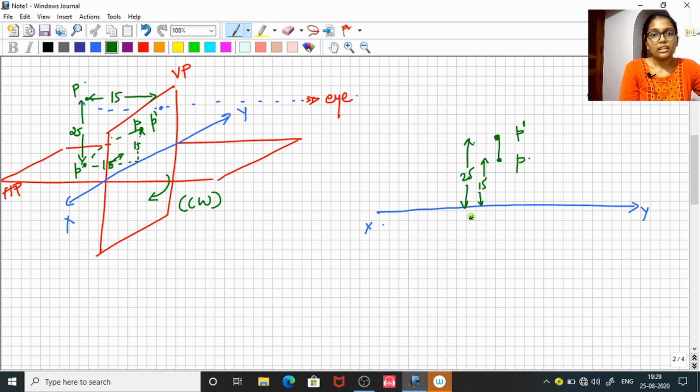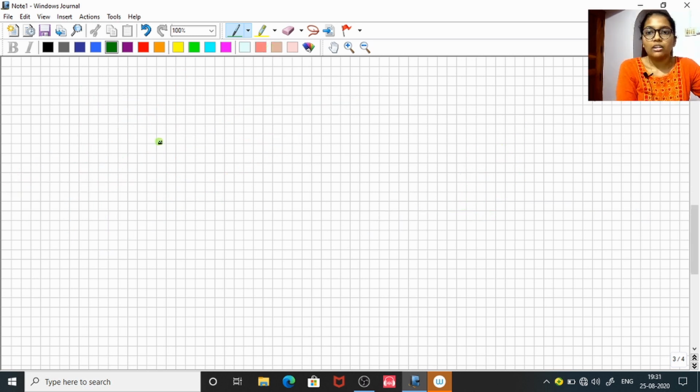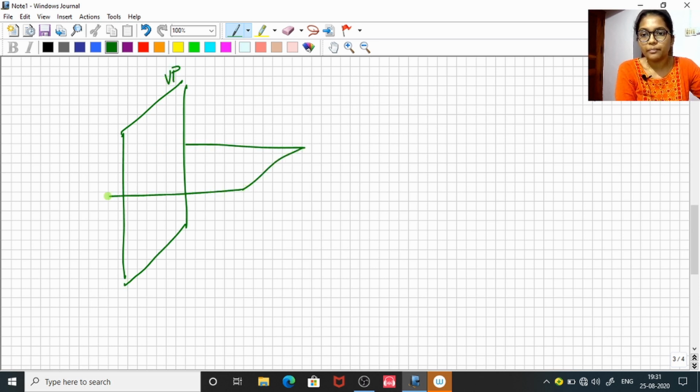Okay. Similarly, it goes for third quadrant also. Now let's place the point on the third quadrant. This is your VP. This is your HP. Here goes your XY line.